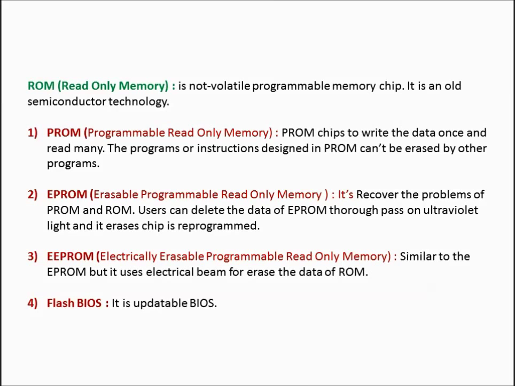It recovers the problems of PROM and ROM. Users can delete the data of EPROM by passing ultraviolet light, which erases the chip so it can be reprogrammed. Number 3, EEPROM, Electrically Erasable Programmable Read-Only Memory, similar to EPROM but it uses an electrical beam to erase the data of ROM. Number 4, Flash BIOS, which is an updatable BIOS.